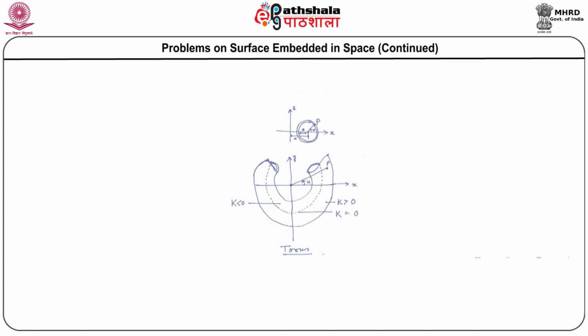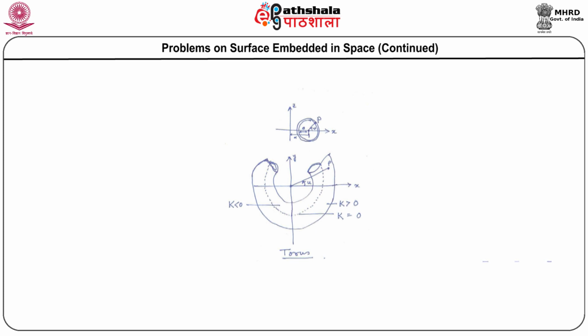Now, if this circle is rotated along the z axis, then we shall get this torus of genus 1, and here is a figure when the torus is just separated at a point.